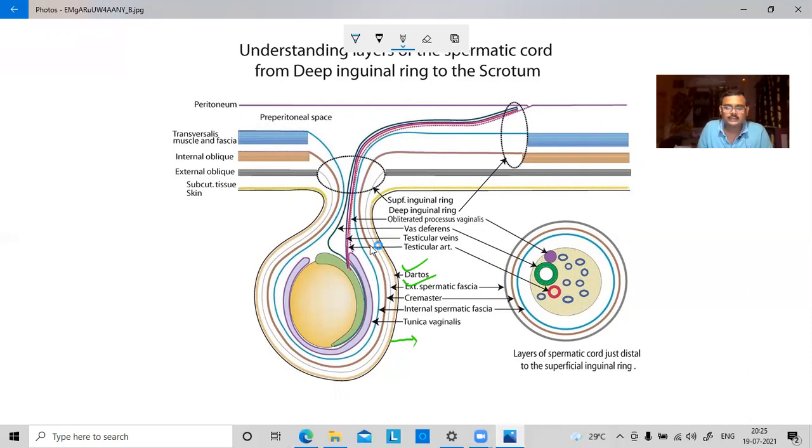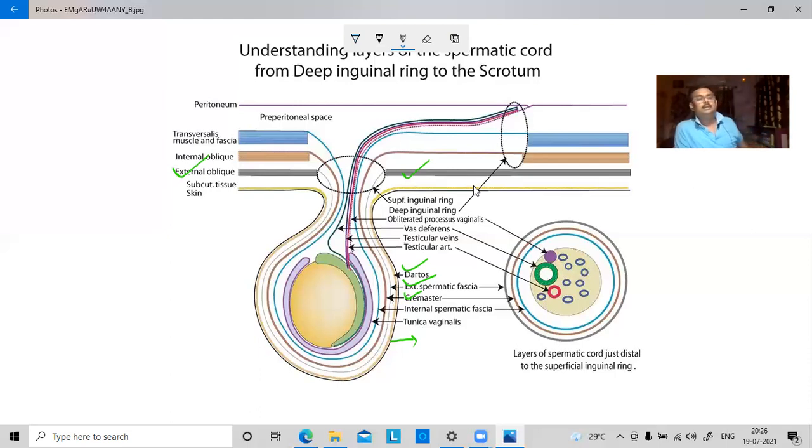Now, this external spermatic fascia from the superficial inguinal ring is originated from the external oblique. So, this is the external oblique from where the external spermatic fascia begins from the superficial inguinal ring. Now, the cremasteric muscle is the degenerated part of the internal oblique muscle.